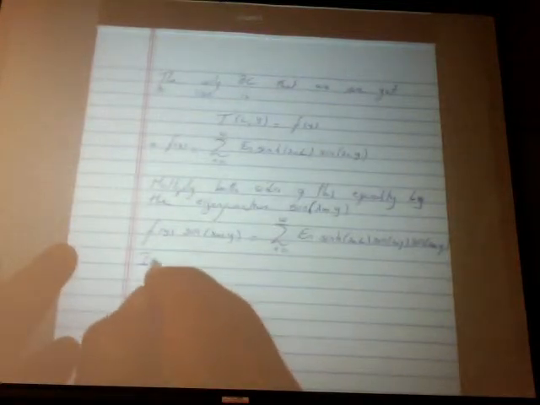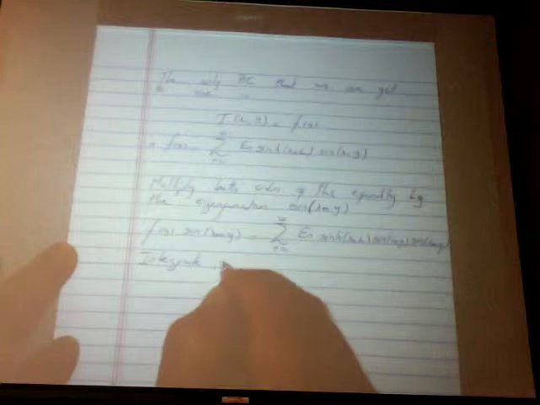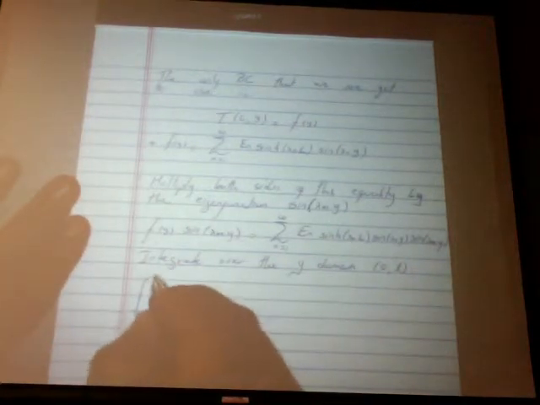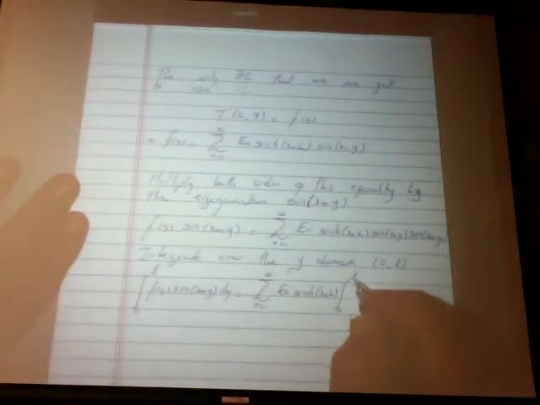Now integrate over the y domain, and that is from 0 to L. So the integral on the left from 0 to L of f of y sine of lambda_m y dy is equal to, and I'm going to skip a step here and push that integral all the way inside, because none of these depend on y. But these do.